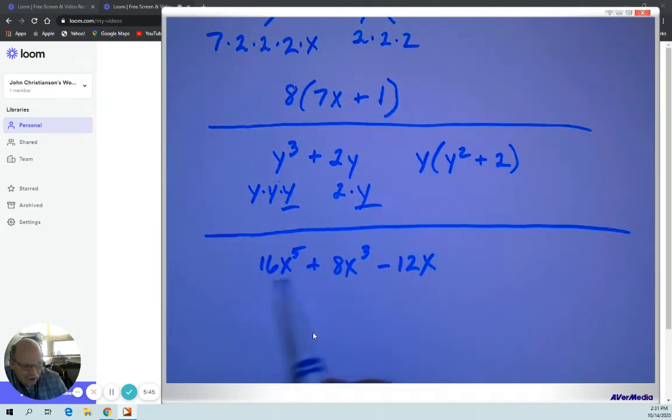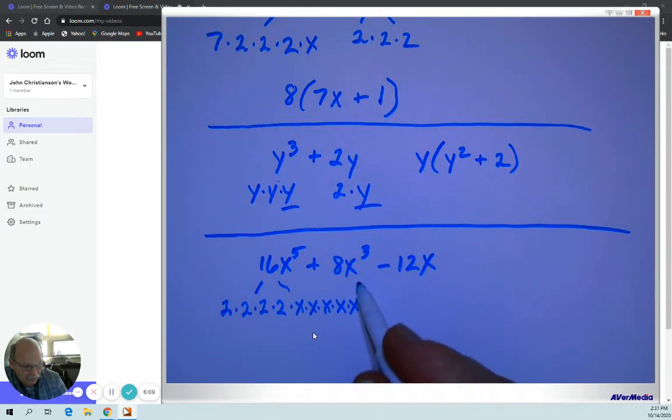So 16x to the 5th, that's 2 times 8. 8 factored is 2 times 2 times 2. So 2 times 2 times 2 times 2, right, is 16, times x times x times x times x times x. There has to be a shorter way, and as a matter of fact, there is. We wouldn't have to write all those x's out, and I'll show it to you in a bit.